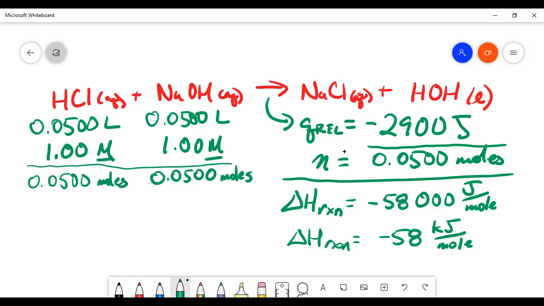That's a lot of energy. And of course, there's a lot of acid and base present should I be in a position to react 1 mole of hydrochloric acid and 1 mole of sodium hydroxide.